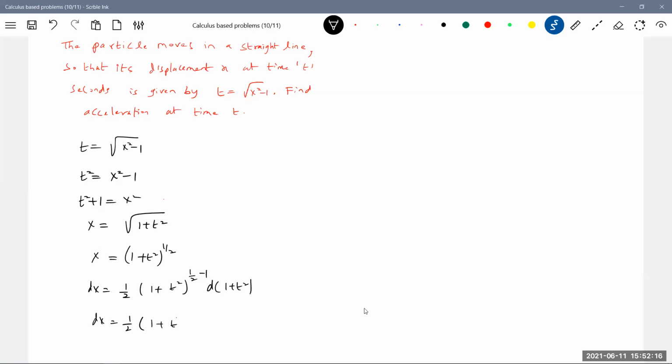So 1 plus t square to the power of minus 1 by 2, derivative of 1 plus t square will be 2t dt. For your convenience, I'll write it here. So finally dx by dt is equal to, 2 will get cancelled, t by 1 plus t square to the power of 1 by 2.